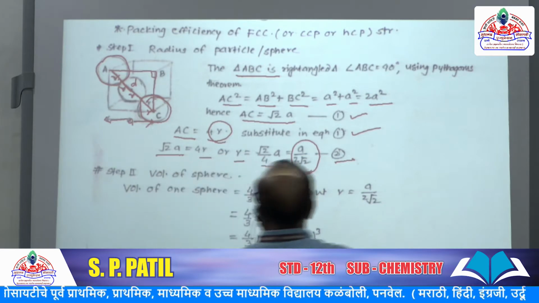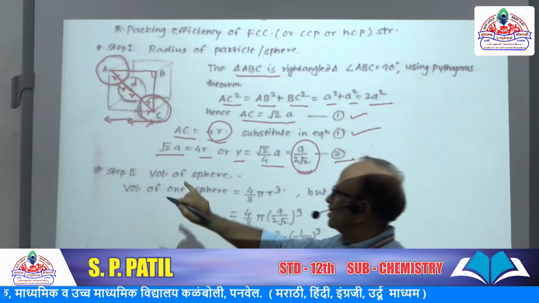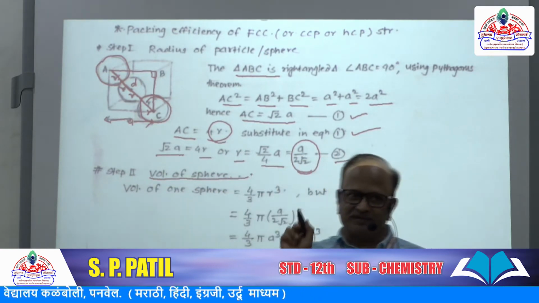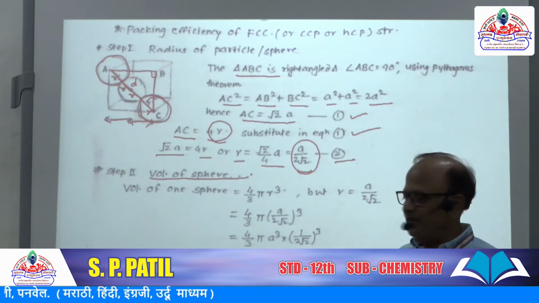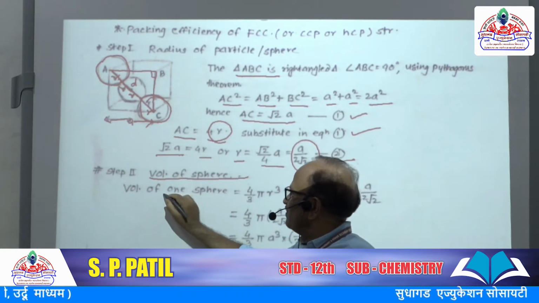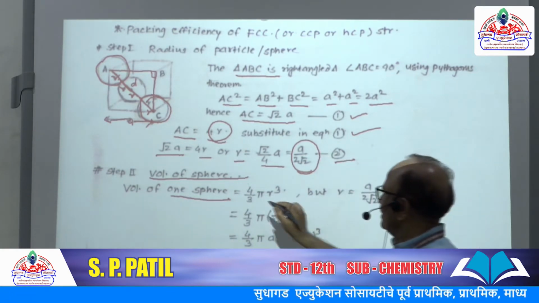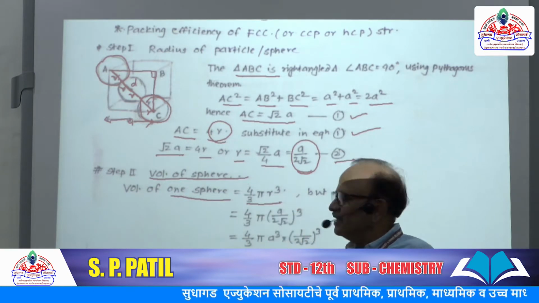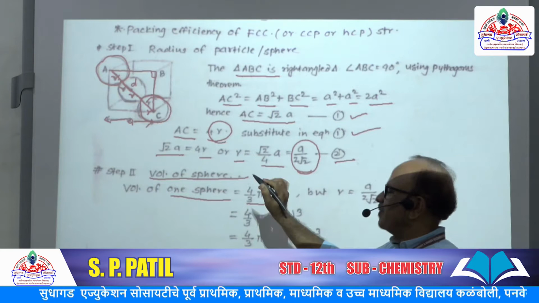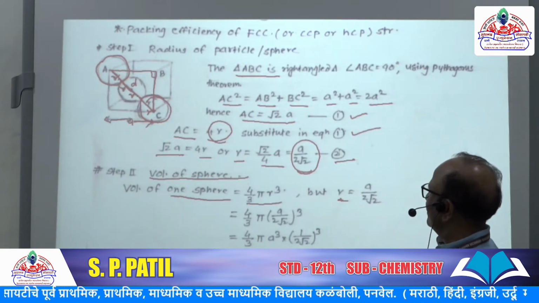Okay. Now step 2, the second step. What is the second step for? To calculate the volume of sphere. Now the volume of any spherical object is equal to 4 by 3 pi r cube. Is it right? But we know the value of r.